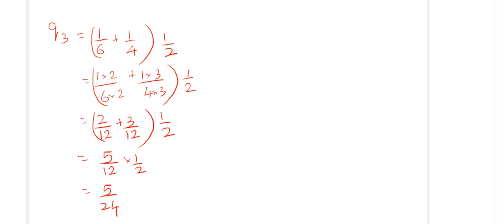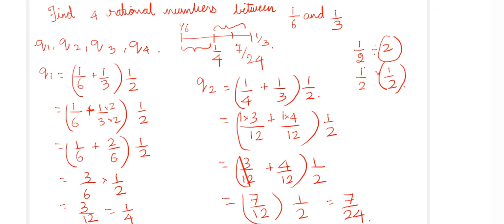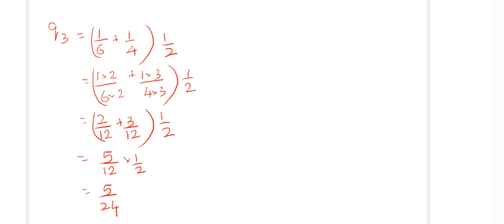This is how you have to find the numbers between two given rational numbers. So we have found 5 by 24. Now between 5 by 24 and 1 by 4, I'm going to find one number. So my Q4 is going to be equal to 5 by 24 plus 1 by 4, into 1 by 2.